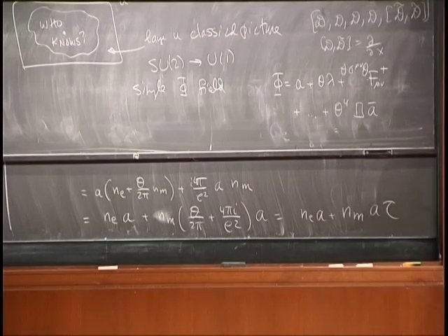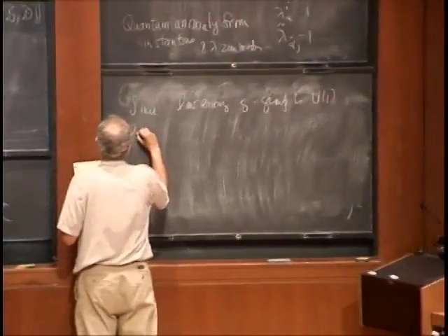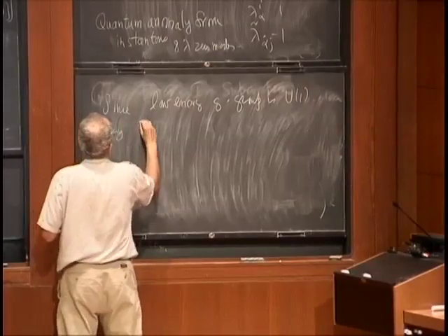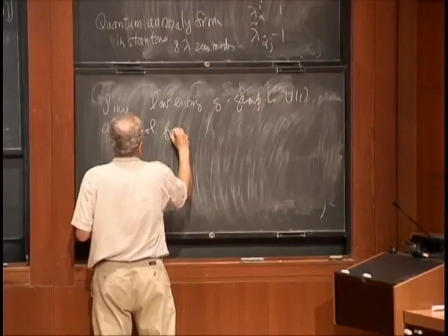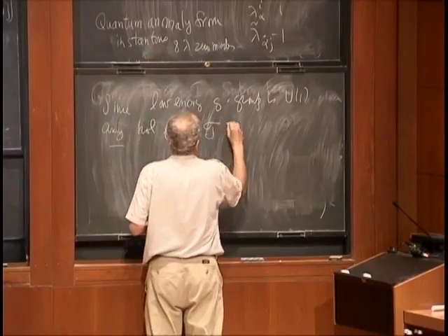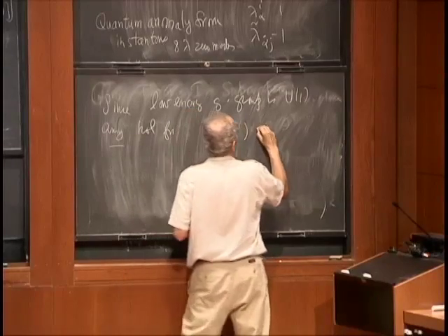So, since the low energy gauge group is U1, and the adjoint representation is trivial, any holomorphic function f of phi makes sense.